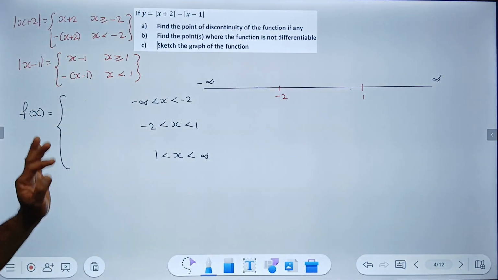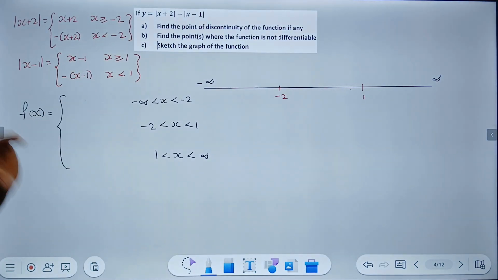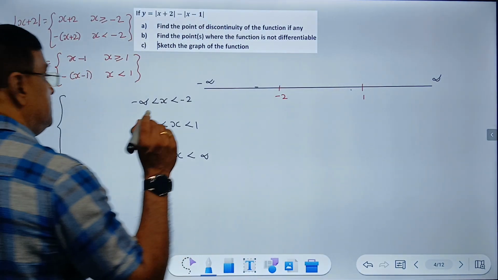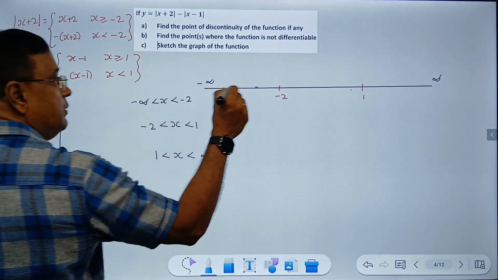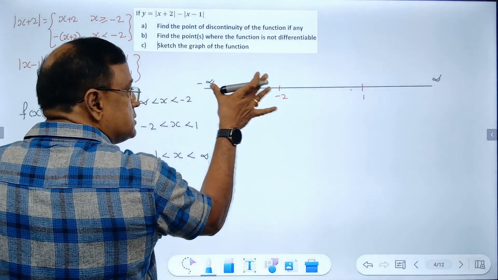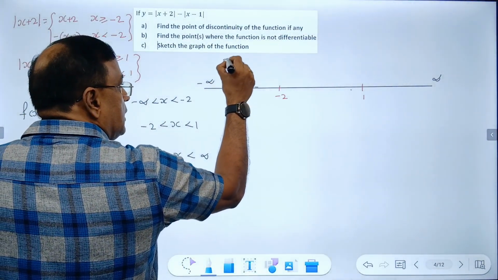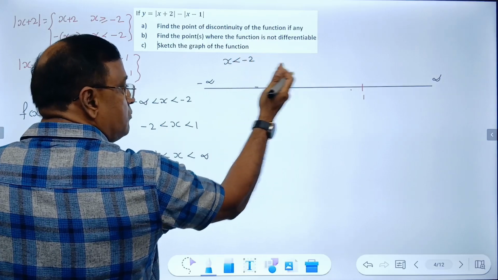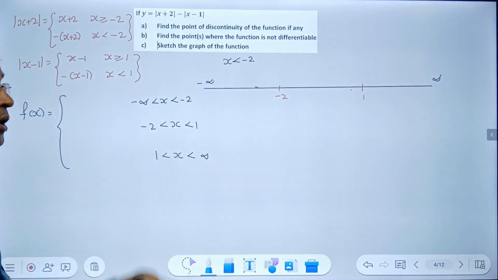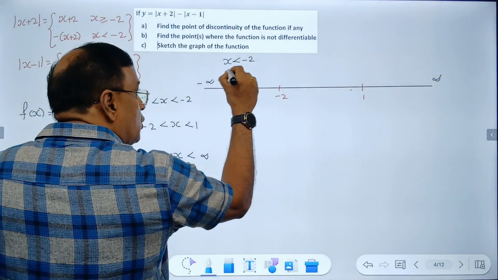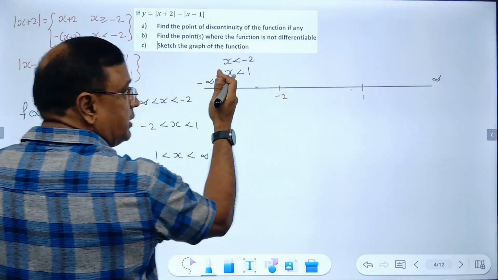Okay. So I have done that. Now what I do, I take the function. Now here, if you look at this region, definitely x is less than minus 2, correct? Not only that, x is also less than 1, correct?